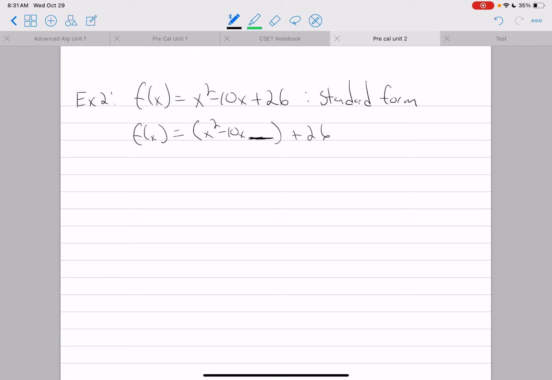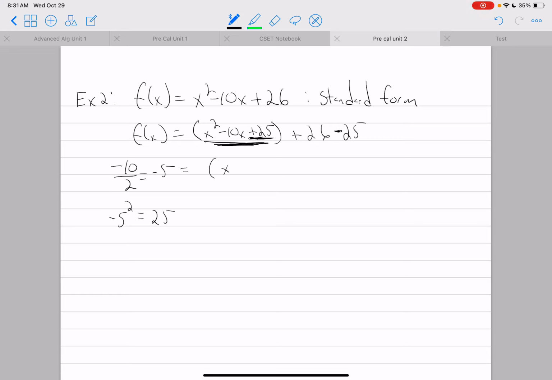So let me go ahead and complete the square now. Let me take minus 10 divided by 2, which is negative 5, and negative 5 squared, which is 25. So I'm going to get a plus 25 here, but if I do plus 25 in one space, I still got to do a minus 25 here to keep my equation equal, all right? So now, what do I have? This is a perfect square trinomial. That's what we tried to create.